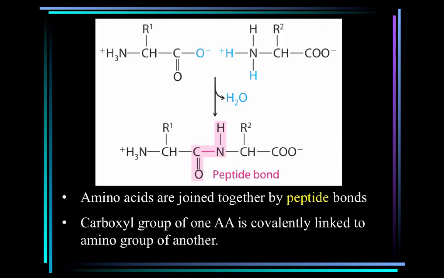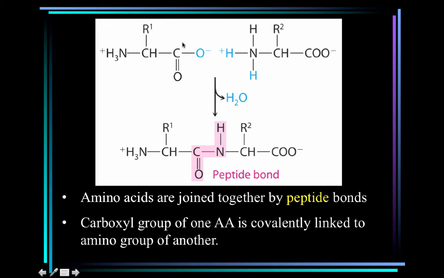So amino acids are going to be joined together by peptide bonds, as we previously stated. So up here we've got one amino acid, and up here we've got another amino acid, and as you can see, our carboxyl group along with our central alpha carbon and our amine group are all present, and our radical group is also present as designated by R1 or R2, indicating 2 different amino acids.